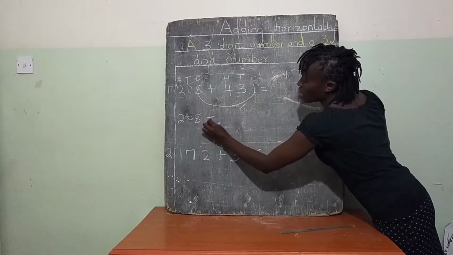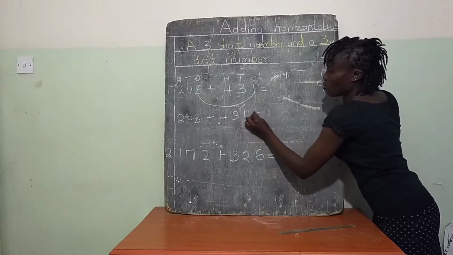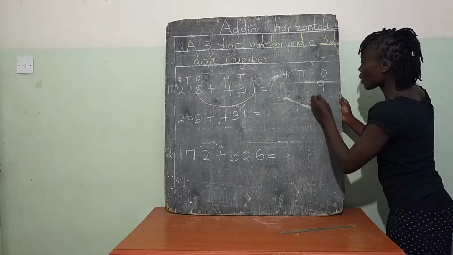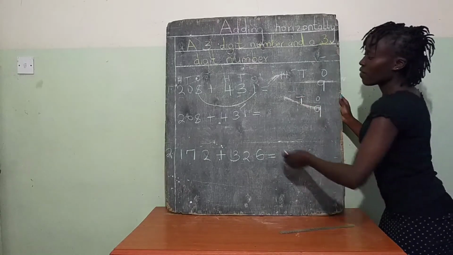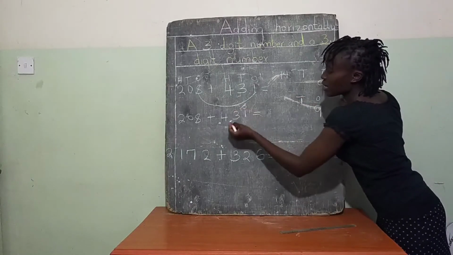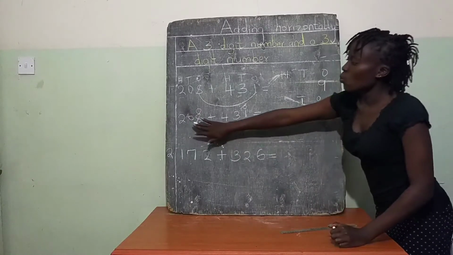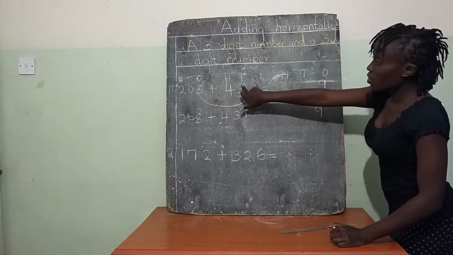208 plus 431 equals, remember our answer we had here, 9. The ones side was 9. So we are looking for the tens side. So we look at 0 is tens and 3 is tens.